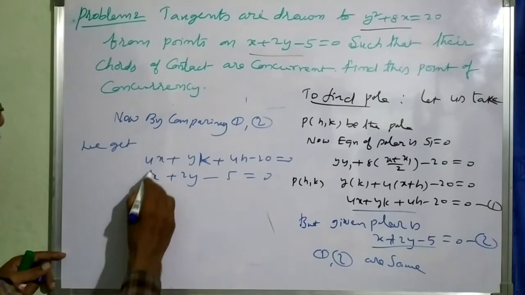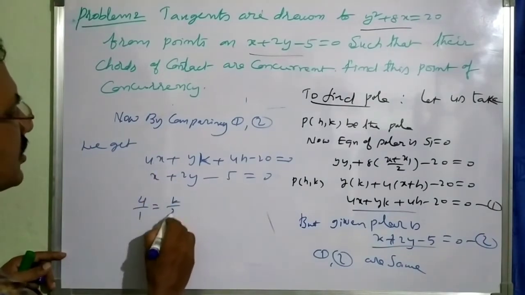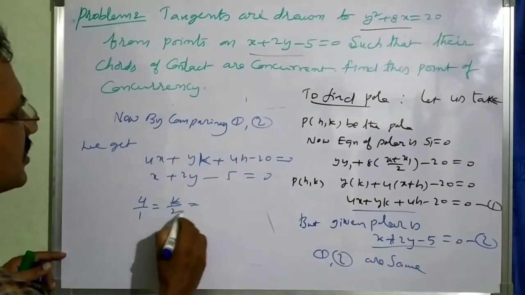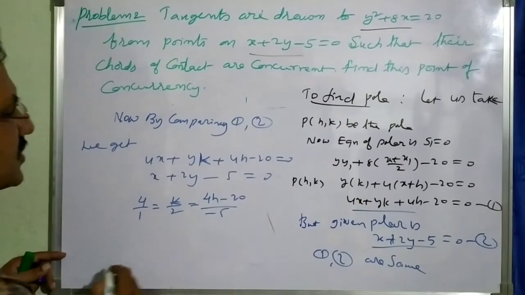Comparing coefficients, 4 by 1 is equal to k by 2 is equal to 4h minus 20 by minus 5.